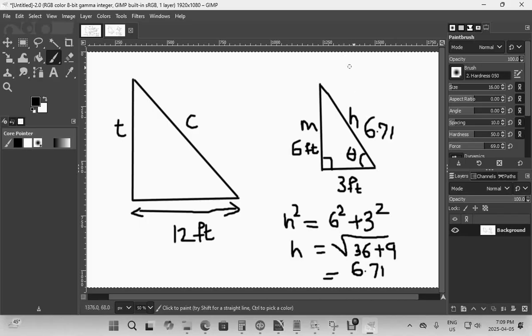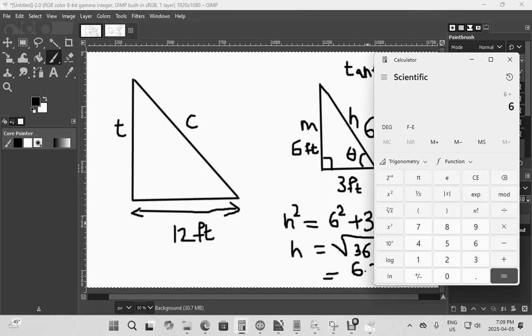So tan theta equals opposite over adjacent. So we know that this is 6 feet over 3 feet. So your theta will be the inverse tangent of 6 divided by 3.